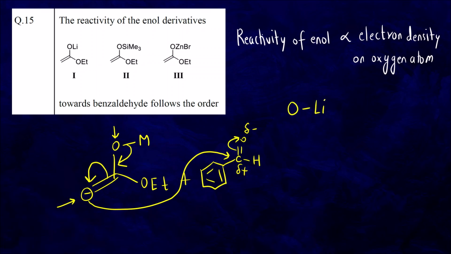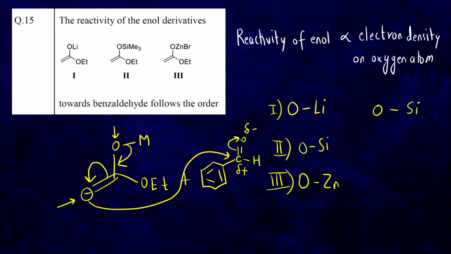So for understanding the reactivity, we have to see the bonding. There are three different types of bonds: one is the oxygen-lithium bond, another is the oxygen-silicon bond, and the third is the oxygen-zinc bond. Now, the oxygen-silicon bond is going to be the strongest bond because silicon has an empty d orbital.